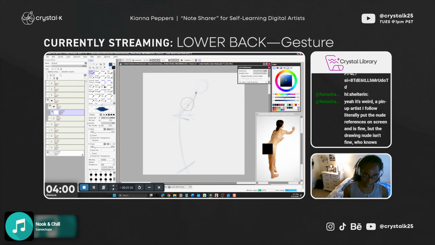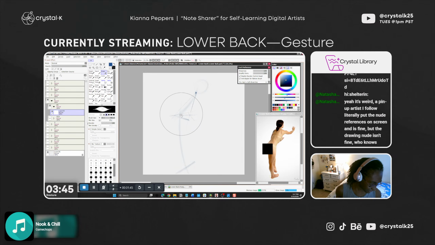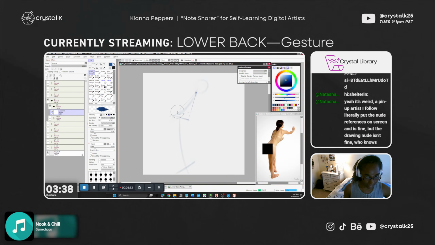There we go. I don't usually like to start with straights because it makes the whole gesture a lot stiffer, but it's very helpful still to find them. Okay, then from there, I think I could even accentuate the pelvis going a little more that way. Her back isn't that short.